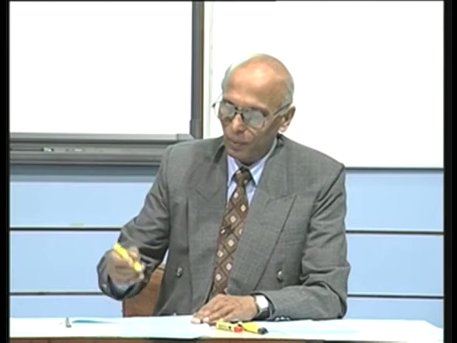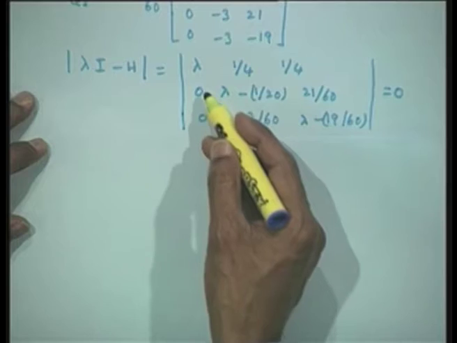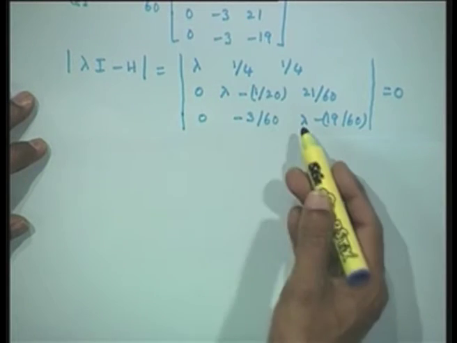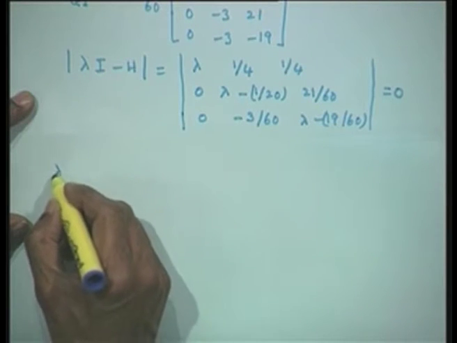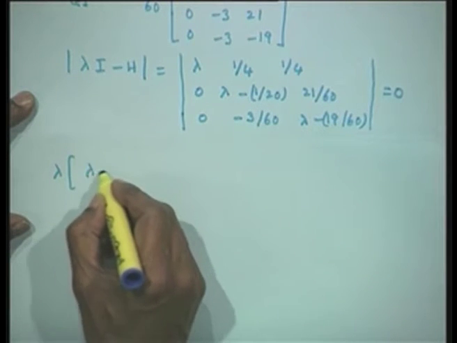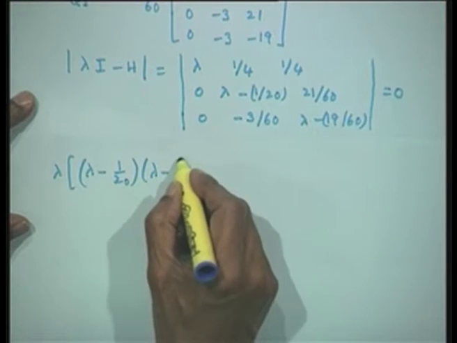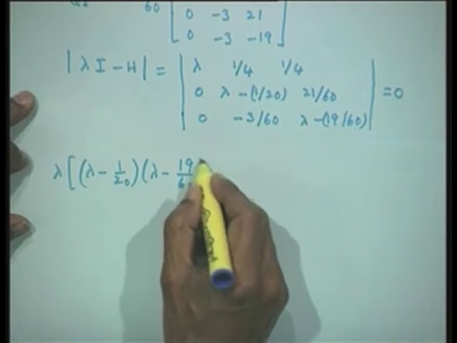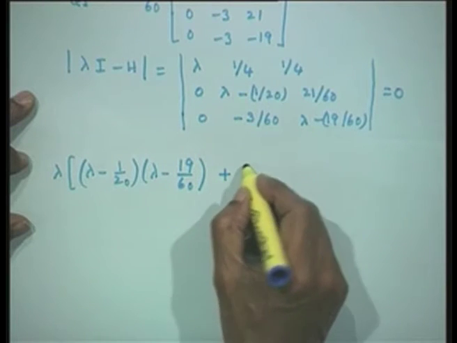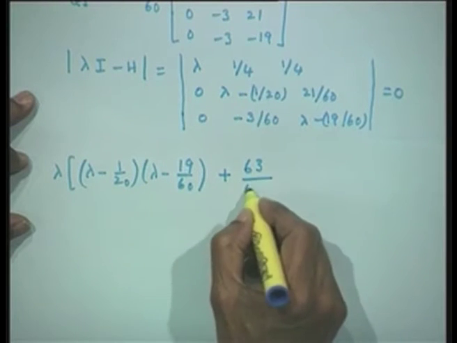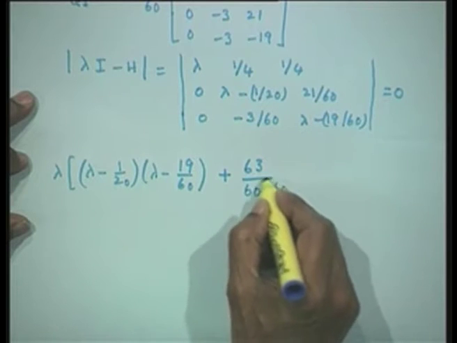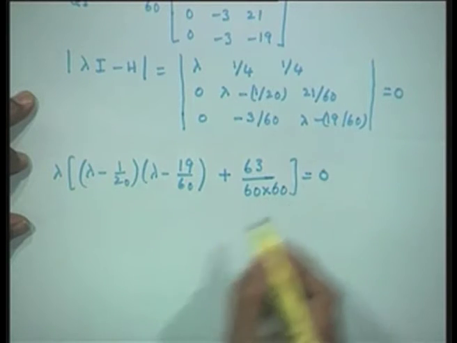Now, the advantage when solving a 3 by 3 system for Gauss-Seidel is that we know this column is always going to be lambda 0 0 0. So, the expansion will be very simple. Let us expand it out. We will have lambda times (lambda minus 1 by 20)(lambda minus 19 by 60) plus 63 by 60 squared, that is equal to 0.